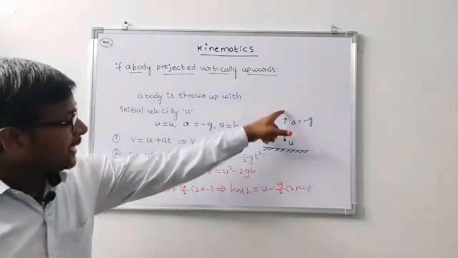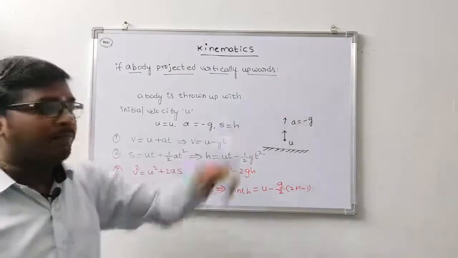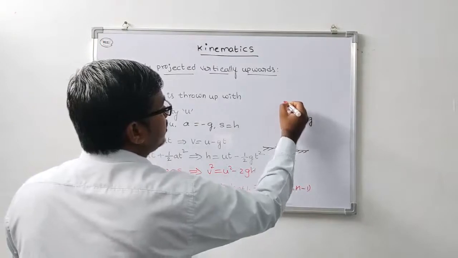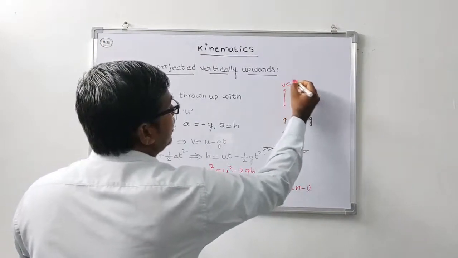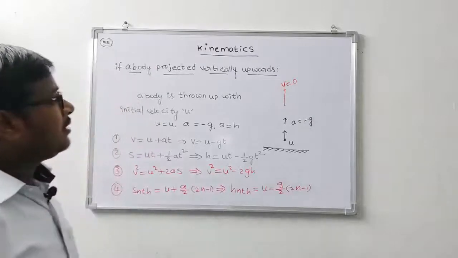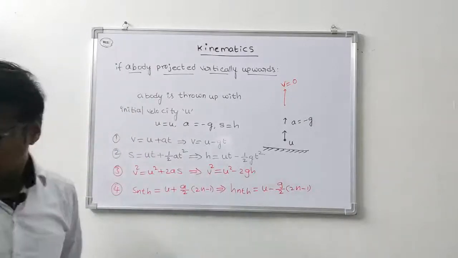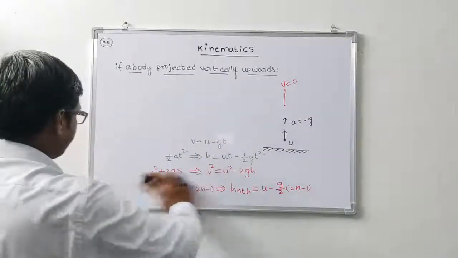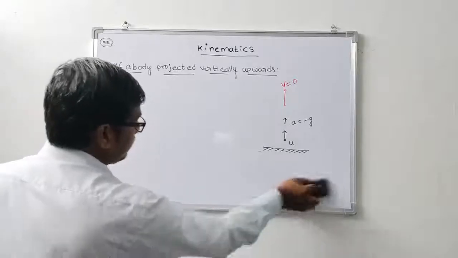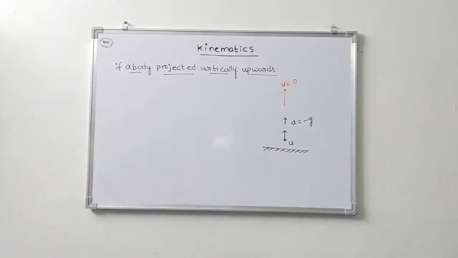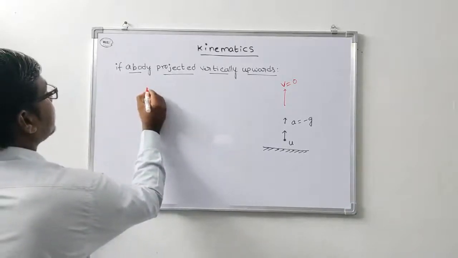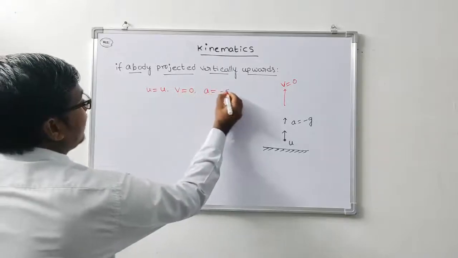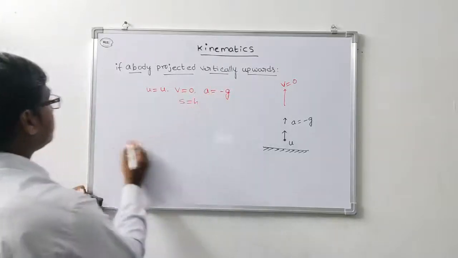Another case is to reach the maximum height. To reach the maximum height, v is equal to 0. The final velocity is equal to 0. In this, the parameters are u is equal to u, v is equal to 0, a is equal to minus g, s is equal to h.